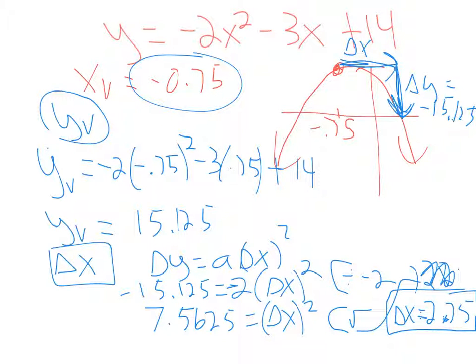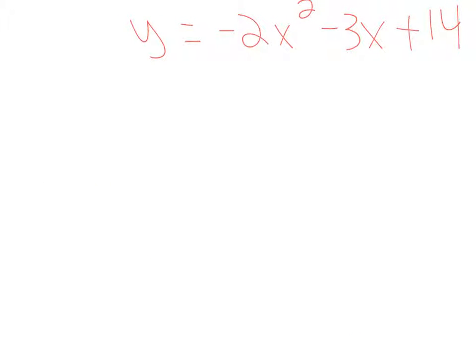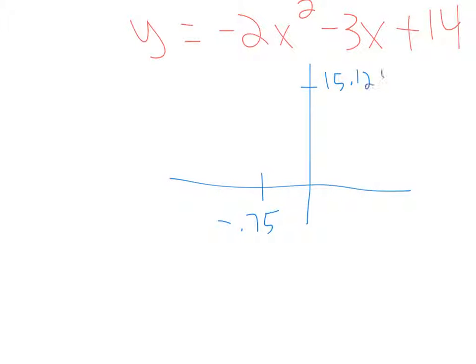Okay, so I'm going to go to the next page, draw the sketch, and add items on. So here's what our sketch looks like. Negative 0.75. This is 15.125.